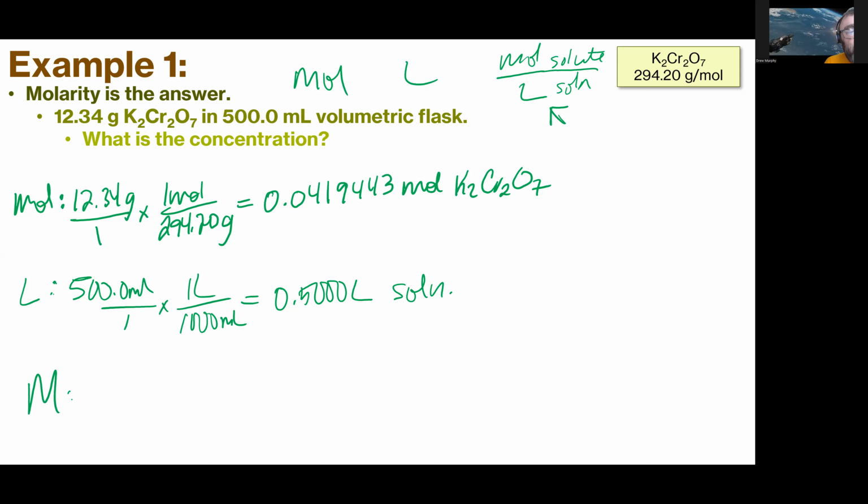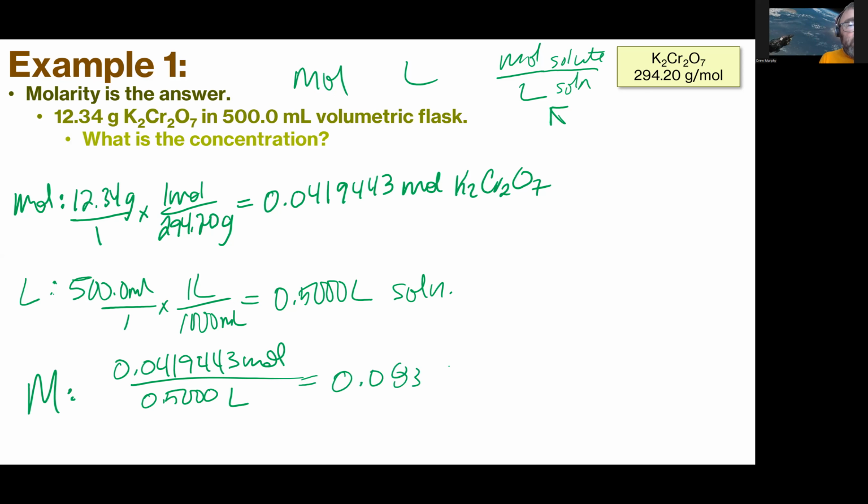So our molarity is going to be equal to our moles, 0.04194443 moles, divided by our liters, 0.5000 liters, which is 0.0838885 molar. What do we want? 4 significant figures, because both of these are 4 significant figures. So we'll round this to 4.